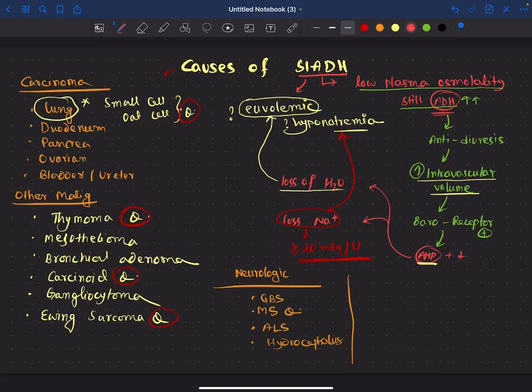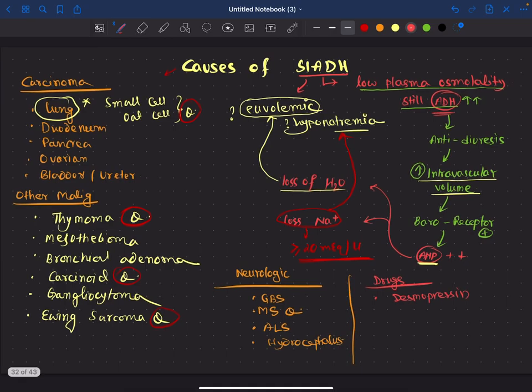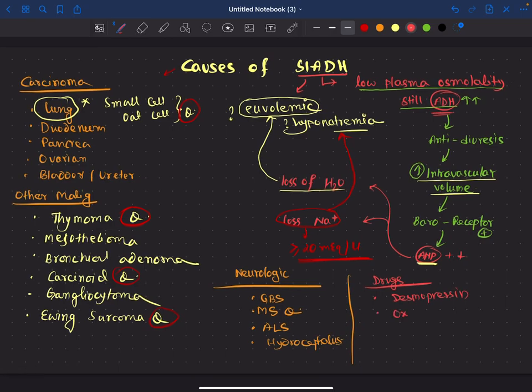Next set of causes are certain drugs. The drugs include desmopressin or vasopressin itself. Next is oxytocin. Next is vincristine.